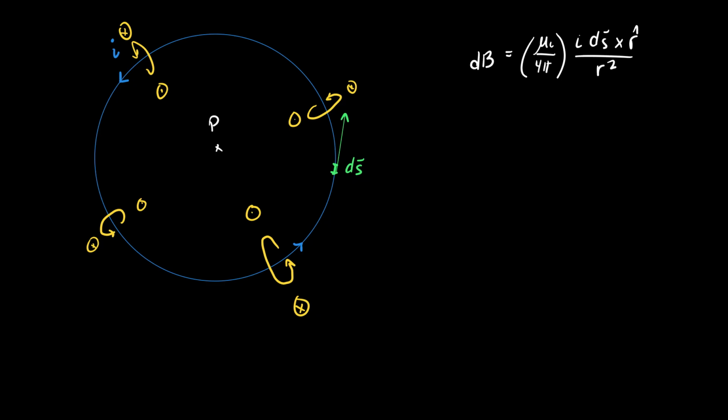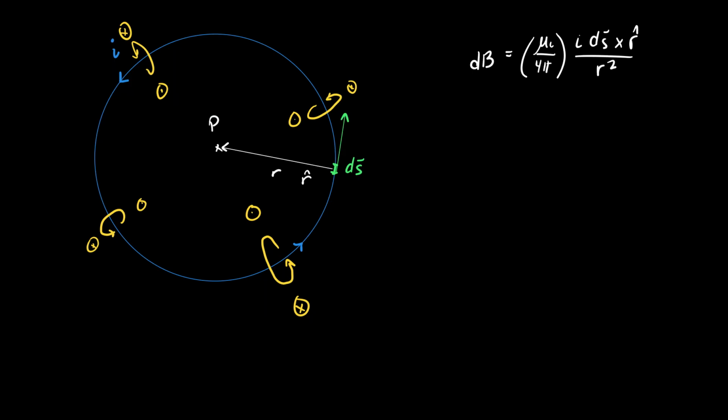R, on the other hand, points from ds to point P. So this is R, but it's also the direction of r hat.